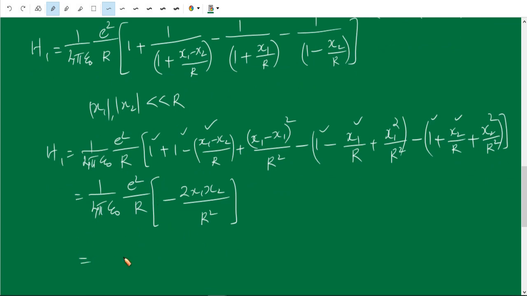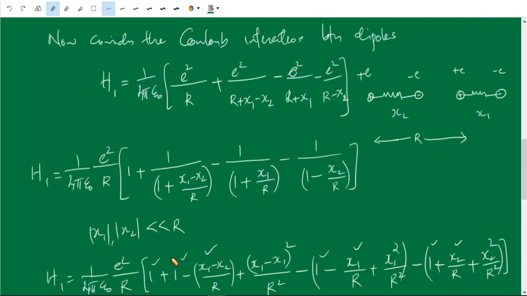So this will be equal to 2 e square x1 x2 divided by 4 pi epsilon 0 r cube. So H1 is equal to minus 2 e square x1 x2 divided by 4 pi epsilon 0 r cube. This is the interaction potential or interaction Hamiltonian.